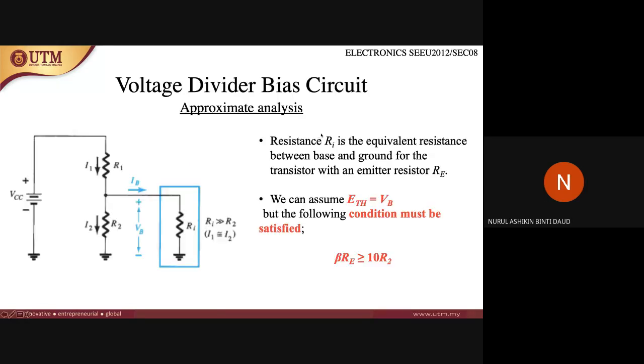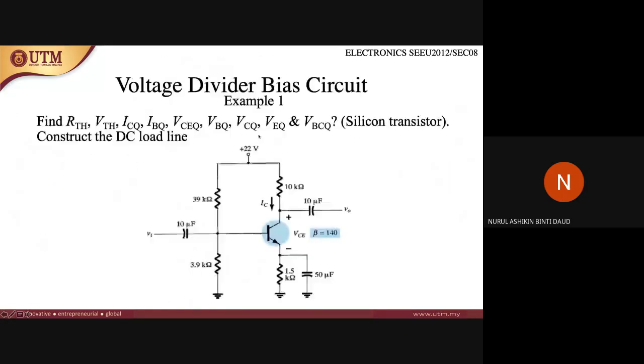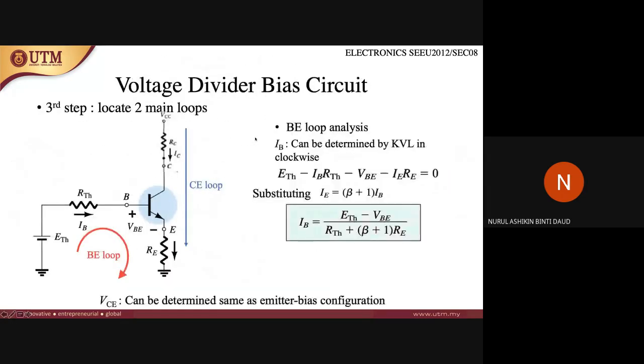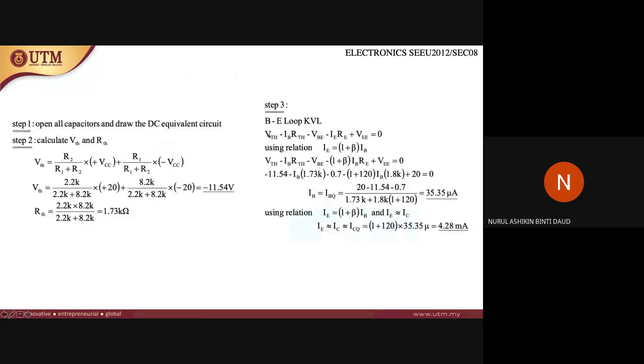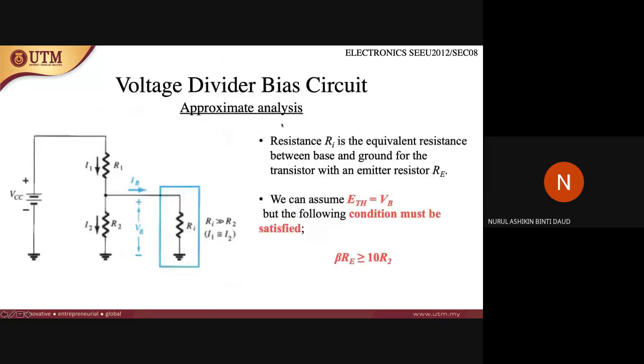All right. So next, let's move on to the approximate analysis. Just now, we used the Thevenin theorem, which is exact analysis. There are actually two analyses, which are exact analysis and also approximate analysis. But approximate analysis is rarely used in circuit calculation, and will not come up during your exam as well.